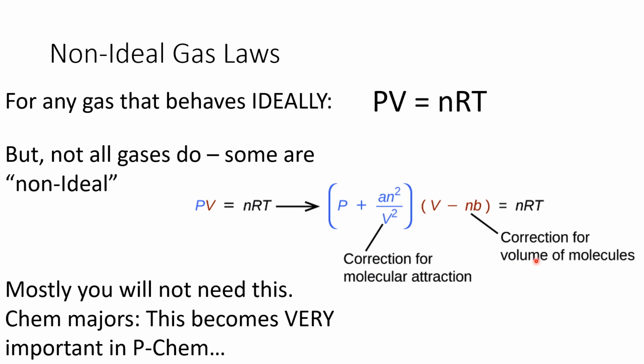But now if we've got something like virus particles, this came up a lot recently, virus particles are actually quite big. So now we can't use the ideal gas law. It's not ideal because the volume of those molecules is actually significant. So we have to put in a new correction. Our V term has to become V minus a correction factor for the volume of the molecules.